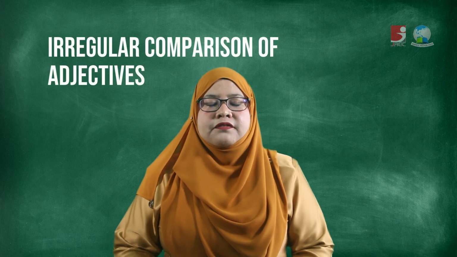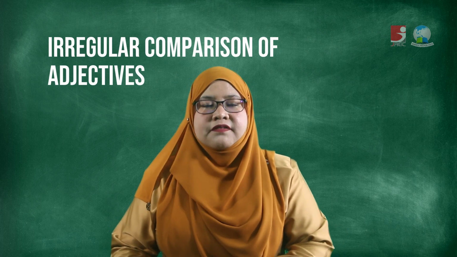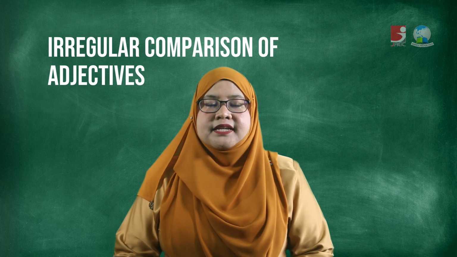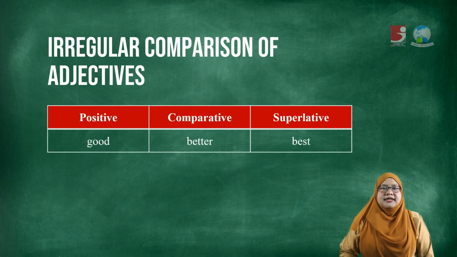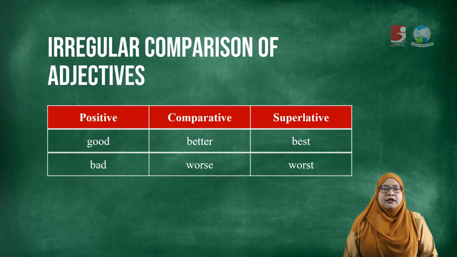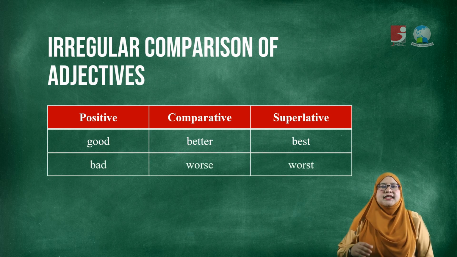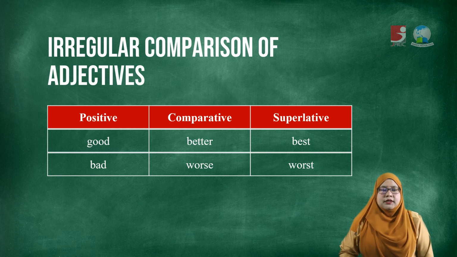The spelling for the comparative adjective and superlative adjective will completely change. For example, good. In comparative, it becomes better, while in superlative, it will become best. Bad will become worse, and in superlative adjective, it will become worst.